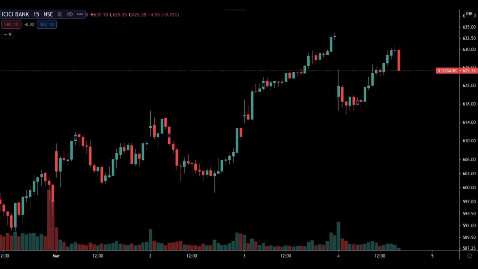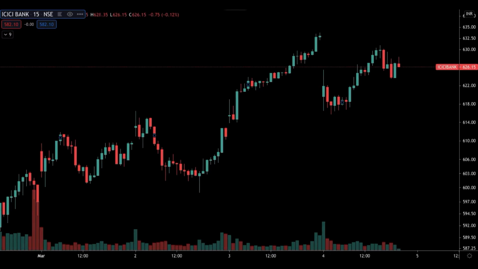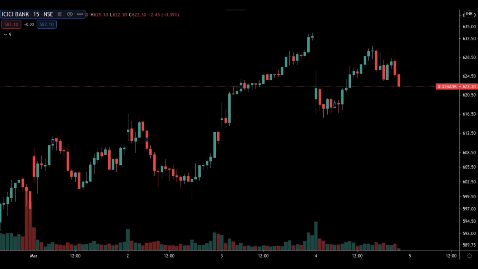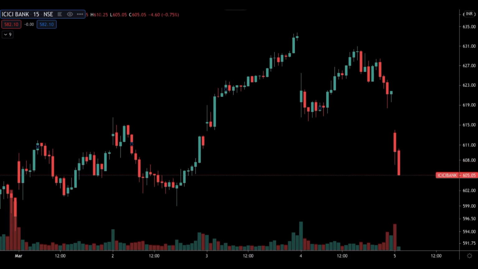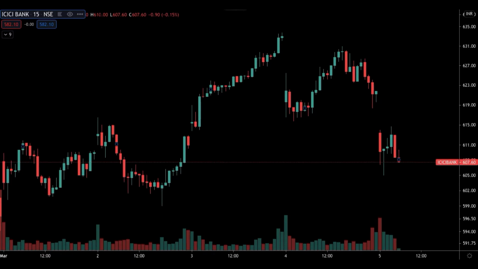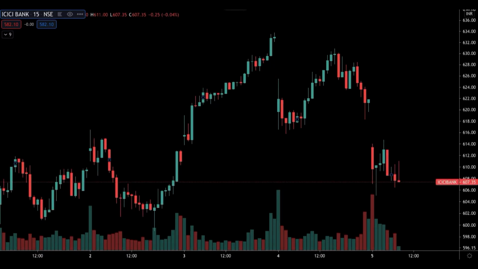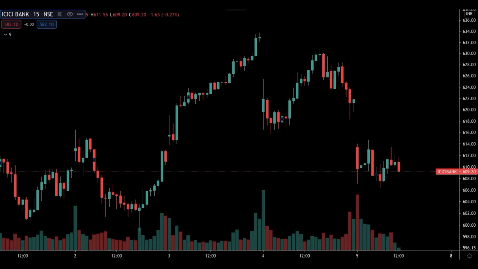Now as we can see, the stock is currently rising, but now it's showing signs of a trend reversal and it starts falling, thus a small downtrend. Now it has formed a minor top and a minor bottom.